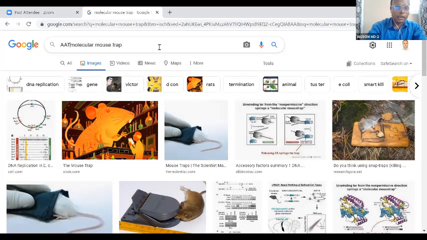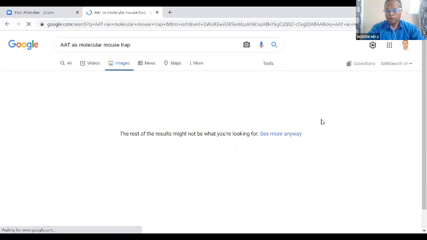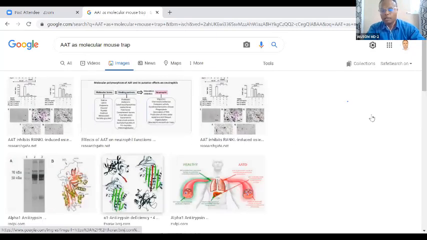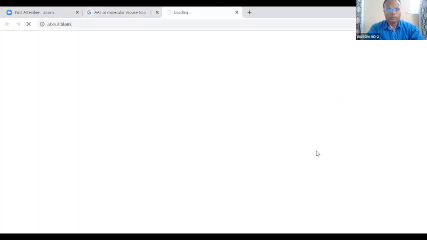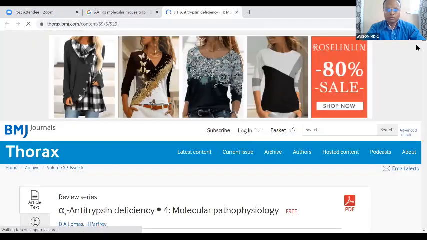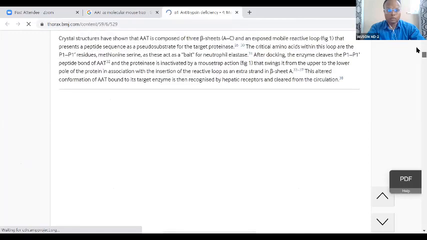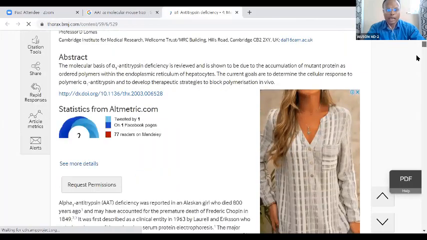In the comment here you can see molecular mouse trap. This analogy will help you remember.